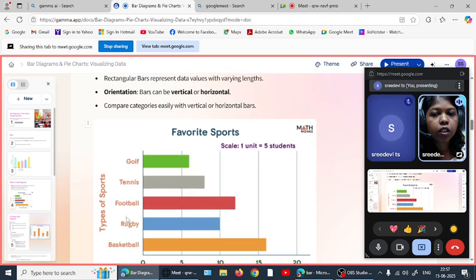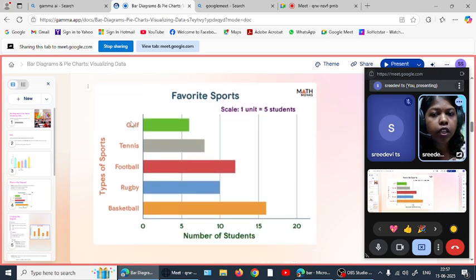In this picture, the qualitative data was given on the y-axis side, and the quantitative data was given on which part? Yes, the x-axis. So we always plot the graph according to the values of the quantitative axis.